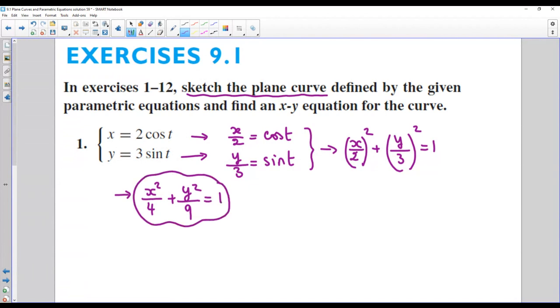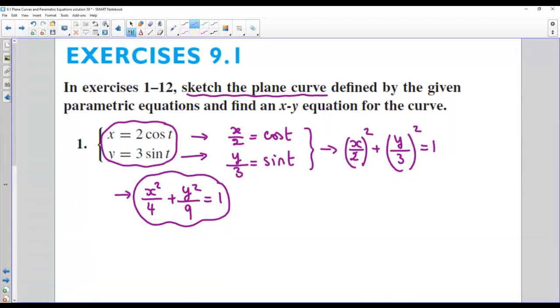So this is the xy equation. So we changed the parametric equations here into xy equation. Now, what is this shape? What is the graph of this xy equation? It's an ellipse, yes? It's an ellipse.